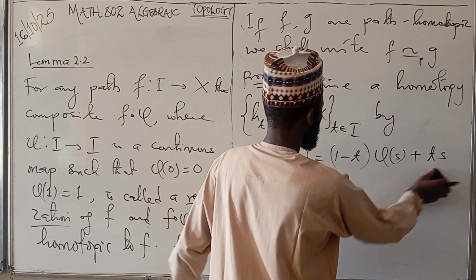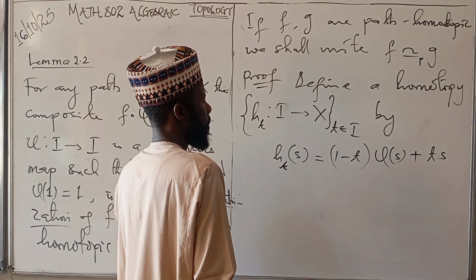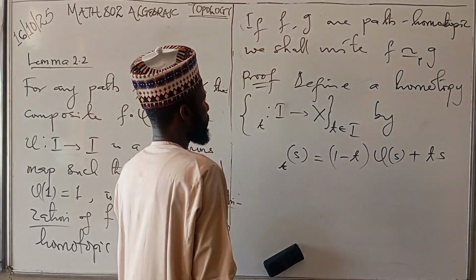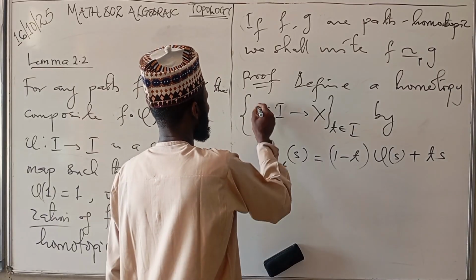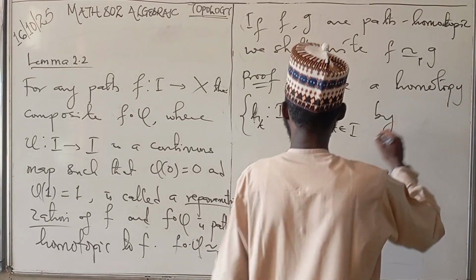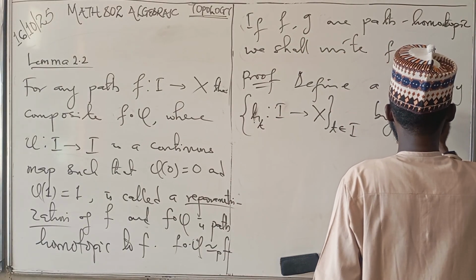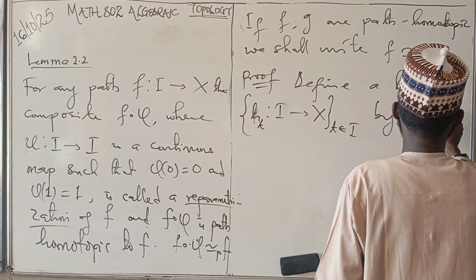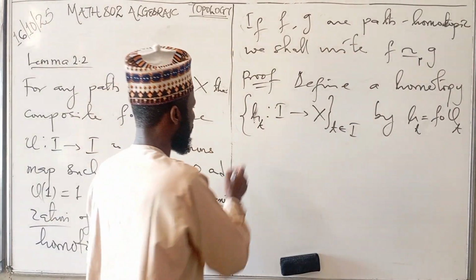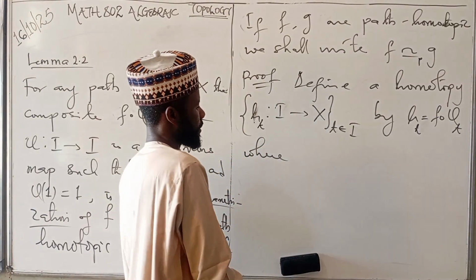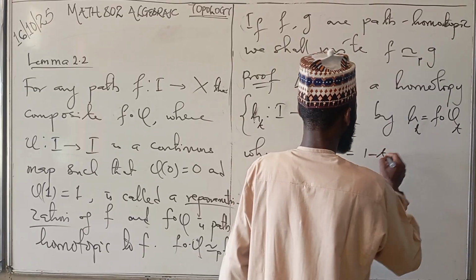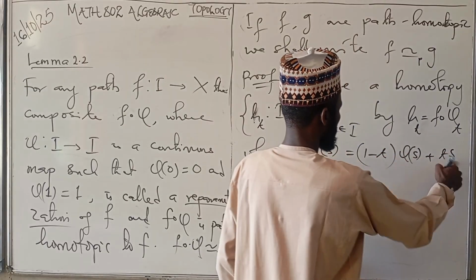No, sorry, not like this. So the homotopy is this: H_t to be equal to the composite of f with phi_t, where phi_t is a family of mappings, phi_t of s is given by (1 minus t) phi of s plus t times s.